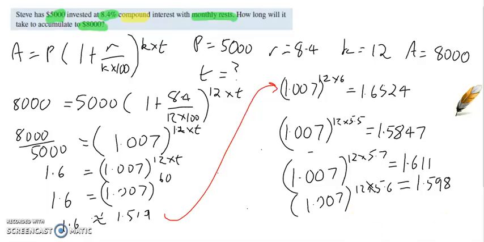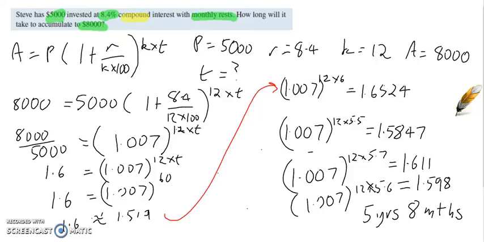So it's a little bit more than that. So you notice how we're below. So we can't say it will take 5 years and 7 months. It would be 5 years and 8 months. And that's how we can do it using Maths A principles.